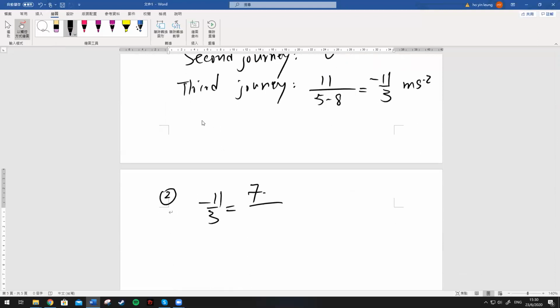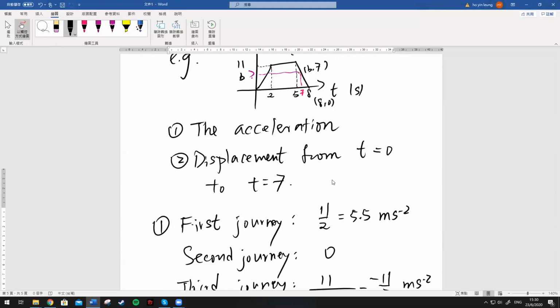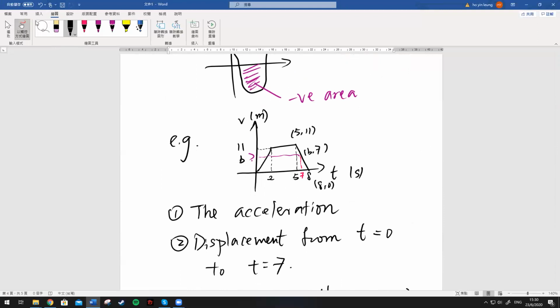But 7 isn't the y, it's the x. Sorry, my fault. It should be 7b. I've reversed my coordinates.